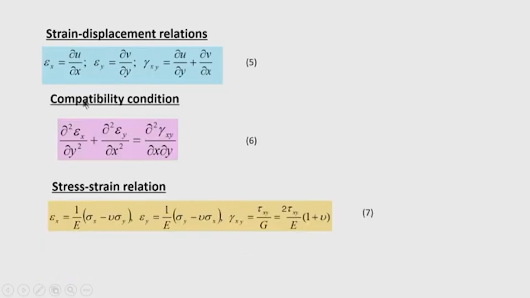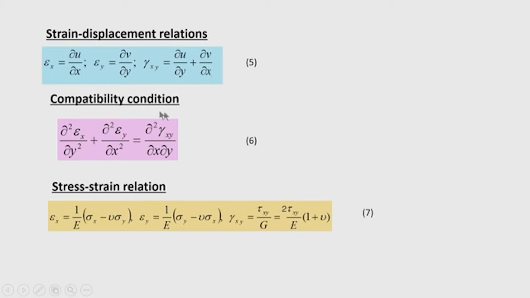Now, let us introduce the stress strain relationship. Strain in the x direction is del u by del x, strain in the y direction is del v by del y, and shear strain is del u by del y plus del v by del x.